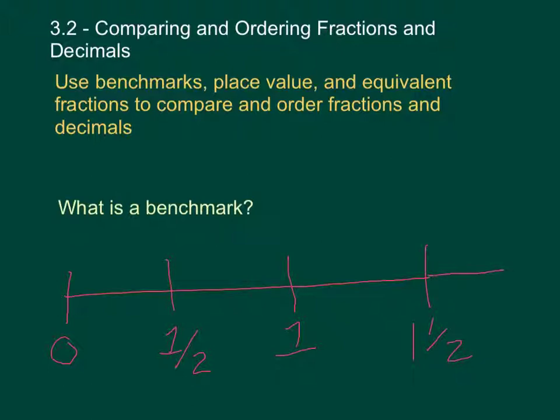If I was to extend this and keep going, what would be my next benchmark? We have 0, 1/2, 1, 1 1/2, so my next benchmark would be 2. These are just indicators that, when we're given a series of fractions and decimals, help us place where those fractions and decimals would go on a number line.